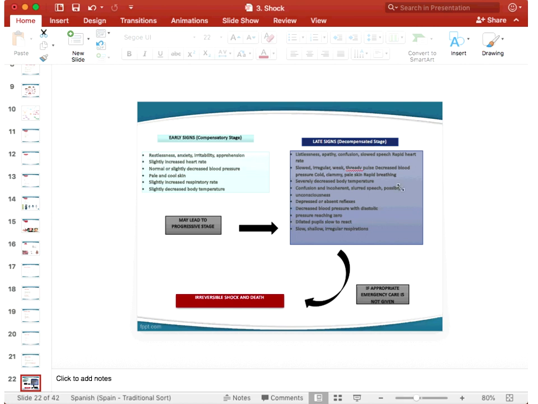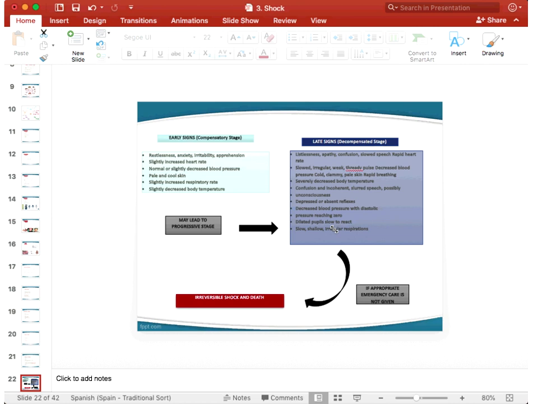Let's assume you find a patient who is diabetic and has had a urinary tract infection over the last 10 days, and you find them in the emergency department like this. What will you have to do in order to reverse this to a normal state? Well, you have to treat the cause. You have to find out where the infection is, make a culture if possible.